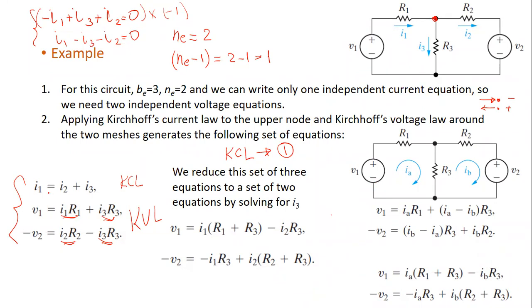From KCL, as you see, I1 is equal to I2 plus I3. From here, I can say that I3 is equal to I1 minus I2, right? Then I will take this expression and substitute it instead of I3 here, and the same here also.